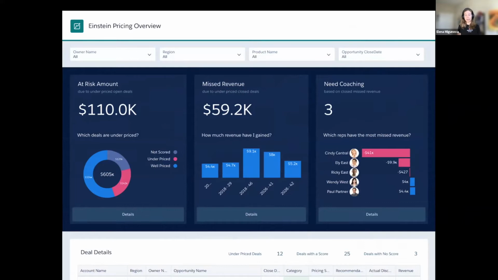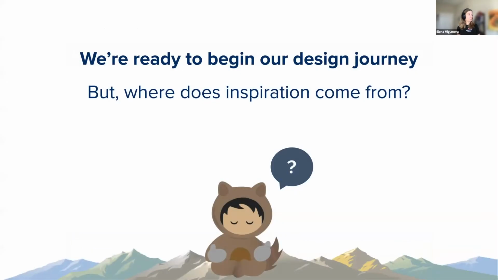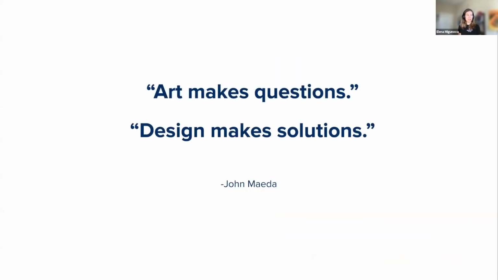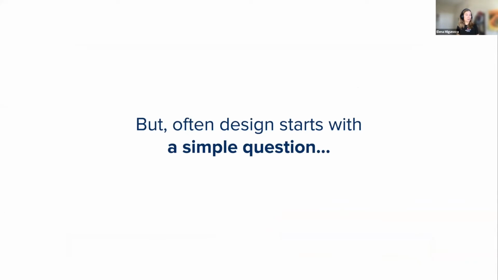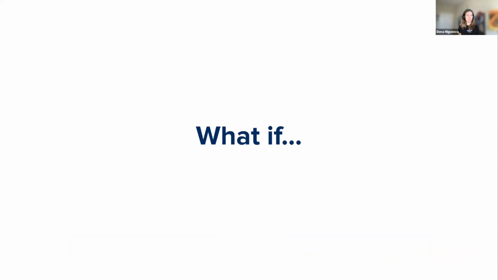So how do we get there? Well, to begin our design journey, we need some inspiration, right? Where does it come from? Well, one famous American designer said that art makes questions, but design makes solutions. Now, I would add to that, that often design starts with a simple question of what if?